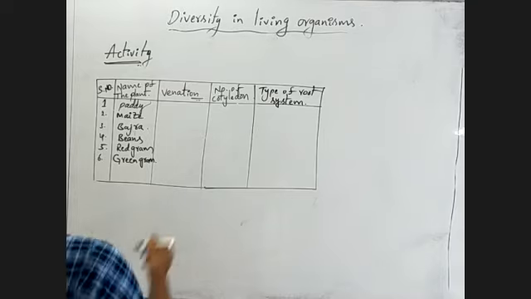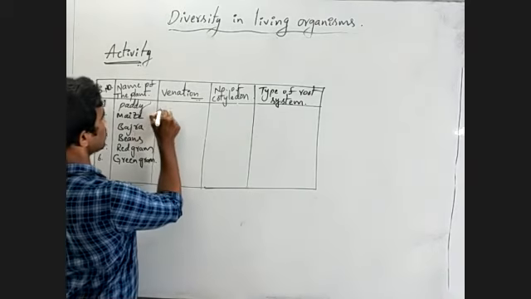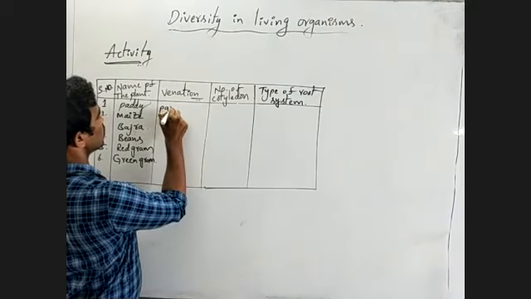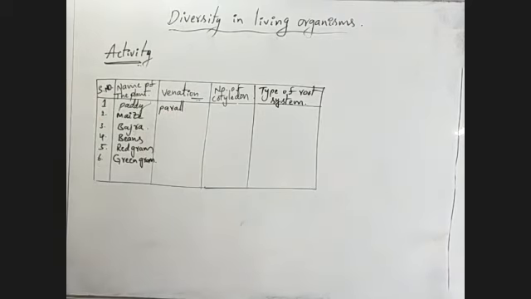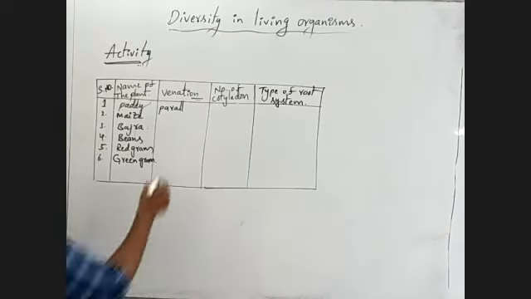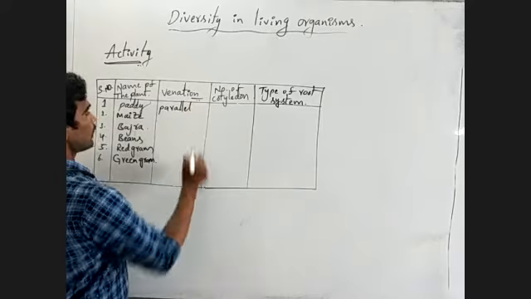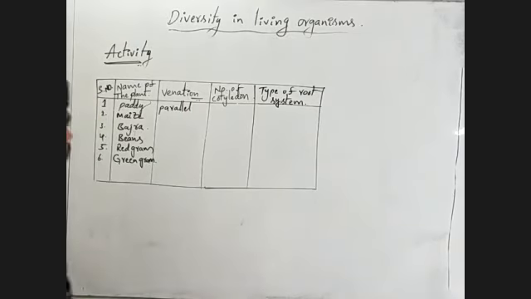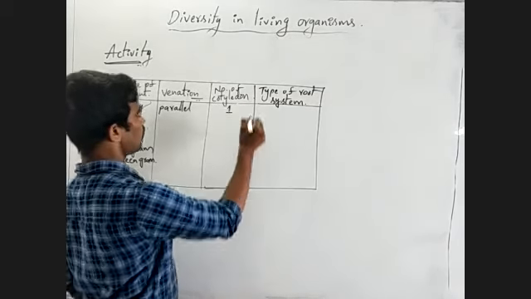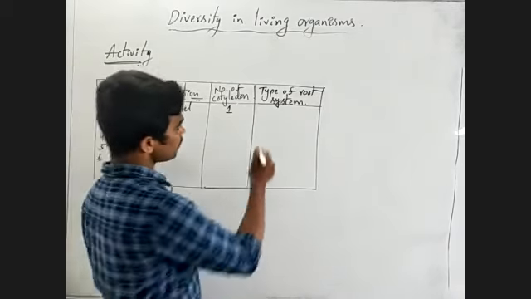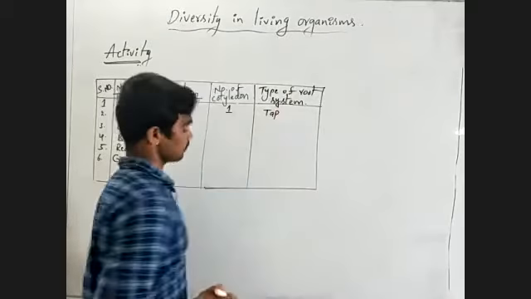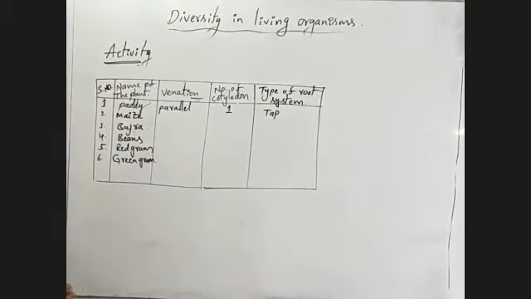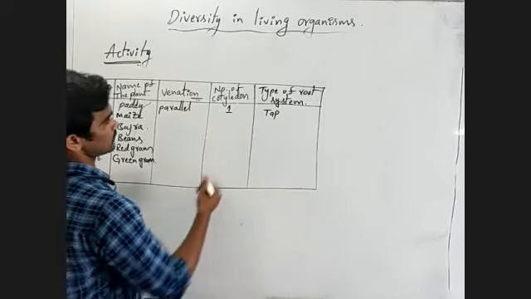Okay, here paddy. Venation is parallel venation. Number of cotyledons: 1. Type of root system: taproot or fibrous?